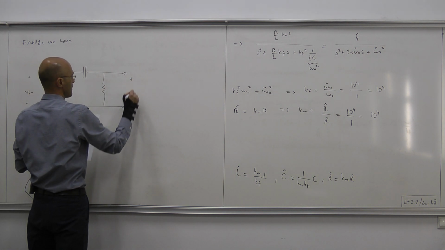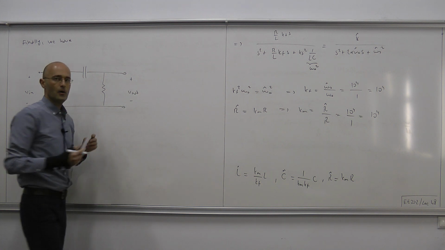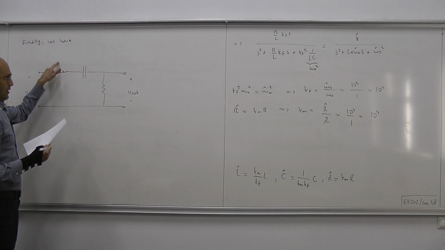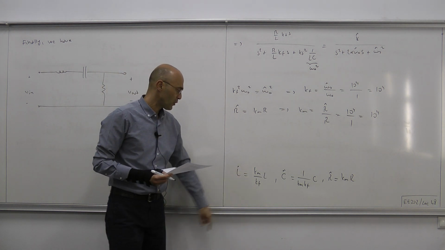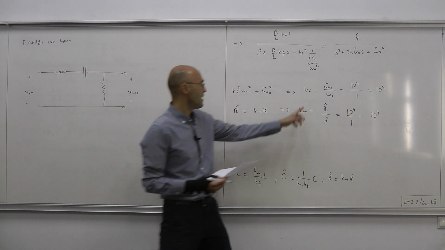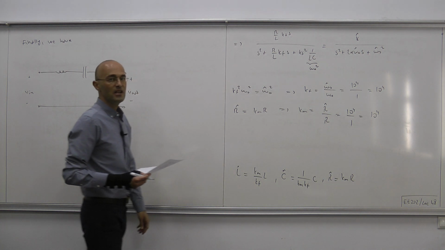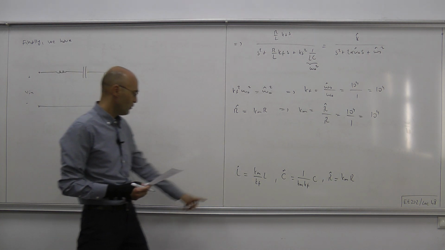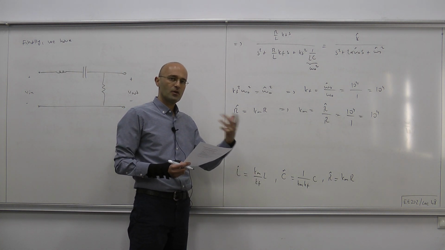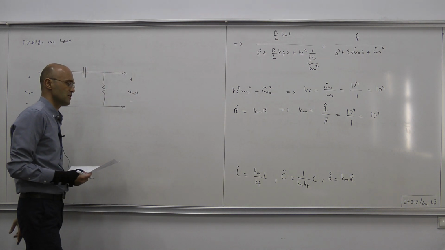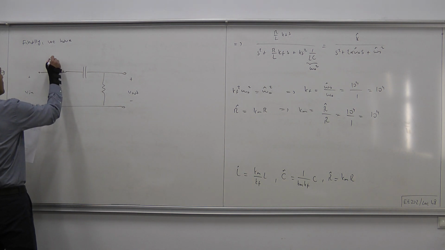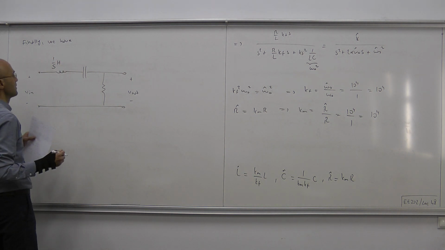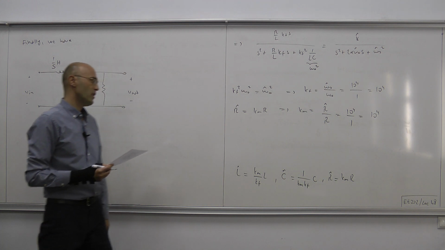V in, V out. So the new inductance value is Km over Kf times L. So Km and Kf happen to be equal to one another. Therefore, L hat equals L. Okay, after the scaling, the inductance value hasn't changed. So it was initially 1 over 5 henries. So after the scaling, it's still 1 over 5 henries.